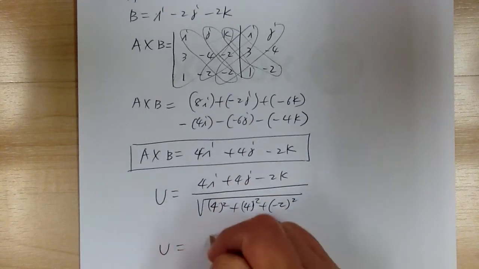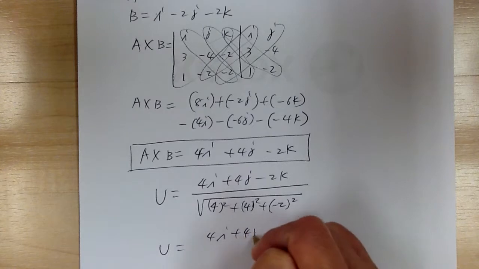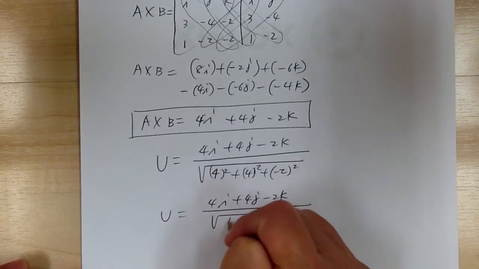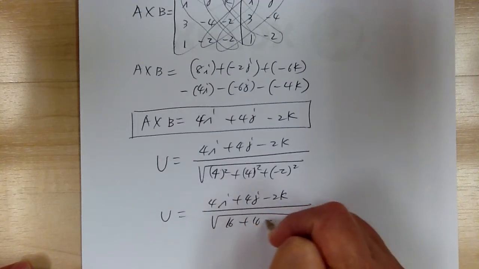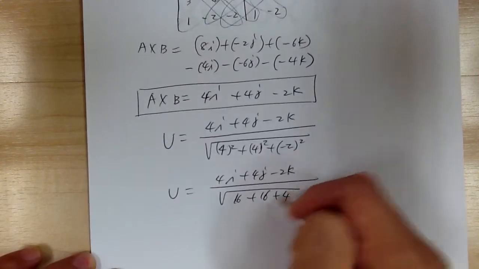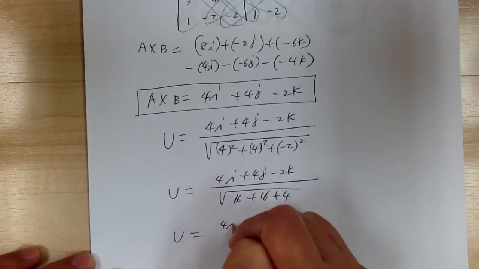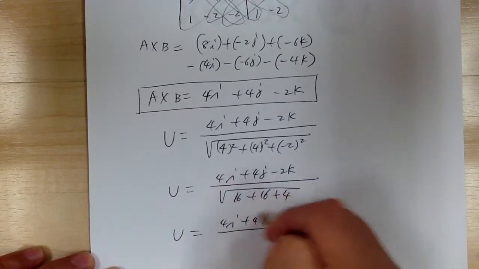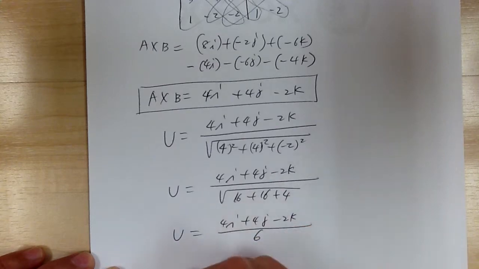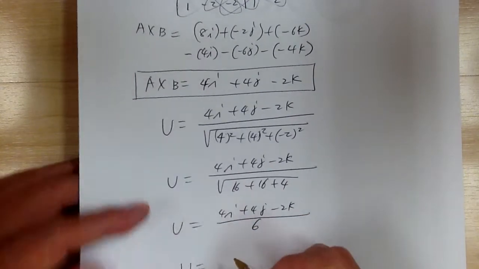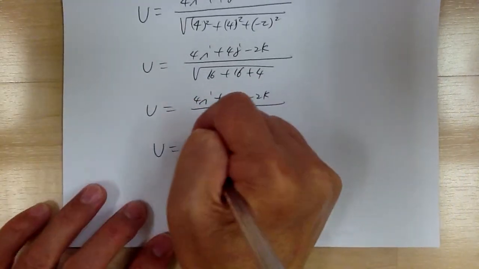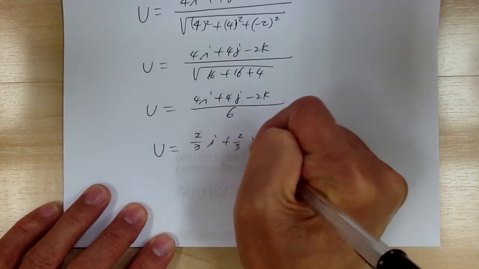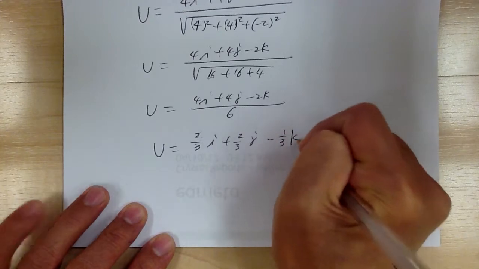So your unit vector equal to 4i plus 4j minus 2k divided by square root of 16 plus 16 plus 4. You work it out, that is equal to 6. So unit vector equal to 2/3 i plus 2/3 j minus 1/3 k.